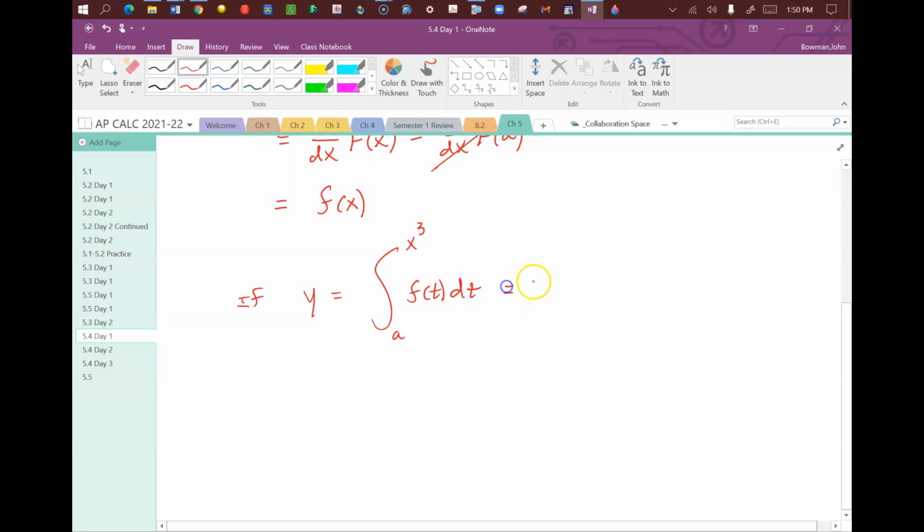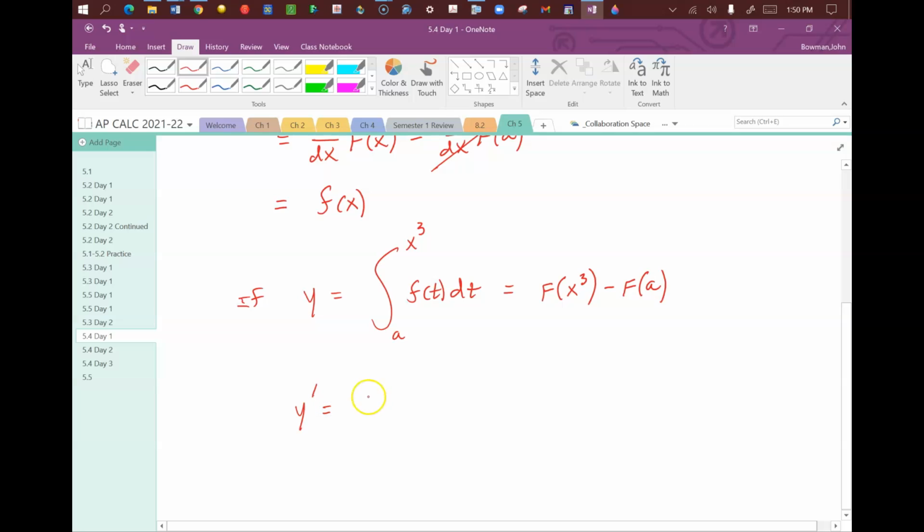Well, we know that that would be the antiderivative of f at x cubed minus the antiderivative of f at a. If that's how we define y, what then is y prime?